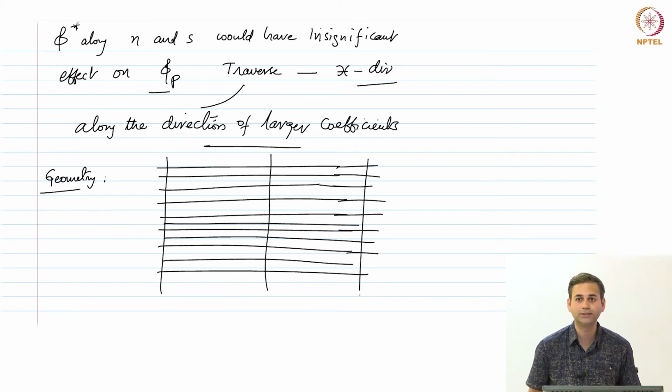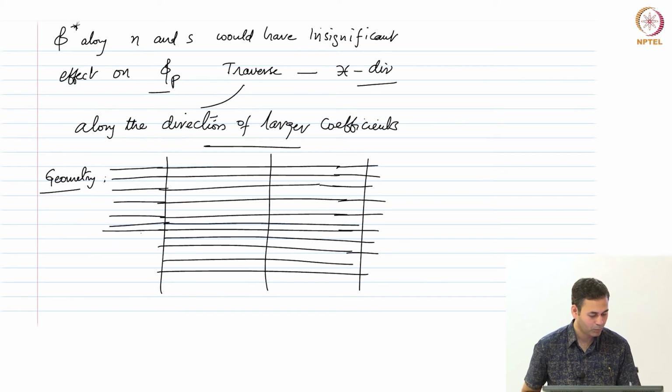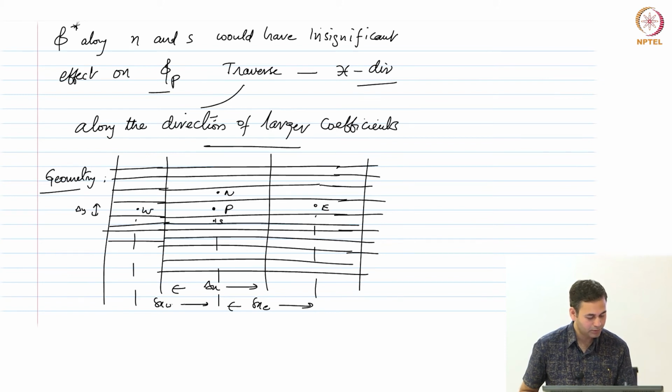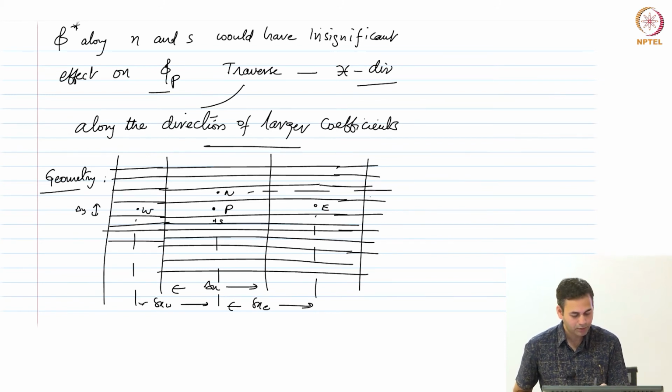So these are the cells, and this is my P cell. This is east, this is north, this is west, and this is south. We have delta x, which is much larger than delta y, and we also have del xe and del xw, and del y north and del y south.